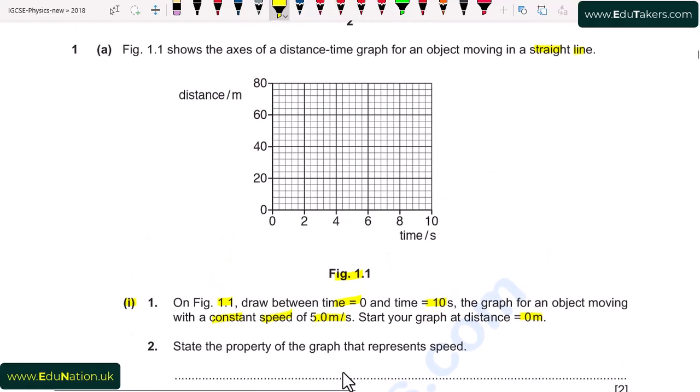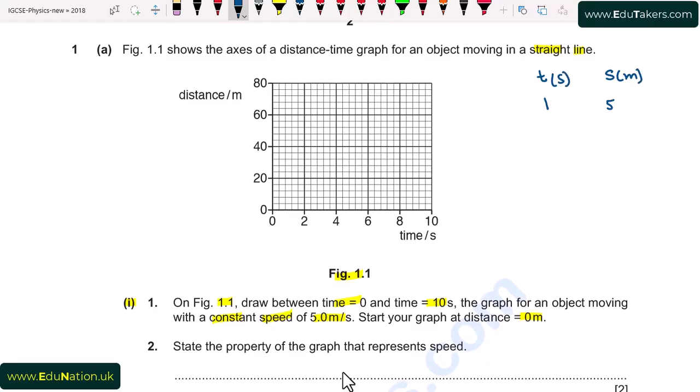So going back to the graph, here is a distance-time graph and we are given that speed is constant. Constant speed means that when we increase the time, the body also covers more distance. It means that when time passes, the distance also increases. So if I consider time and distance, when time is equal to 1 second, the distance covered by the object will be 5 meters.